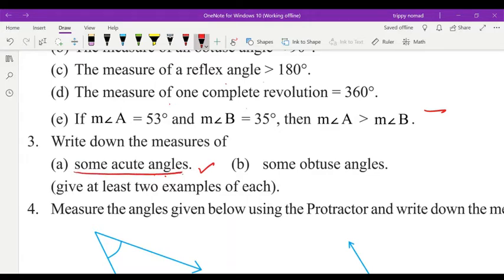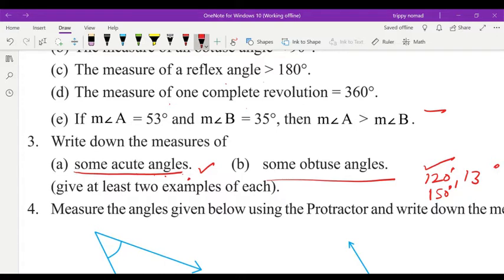And obtuse angles more than 90 degrees will be 120, 135, 150. Degrees are the units, and you can write degrees also.